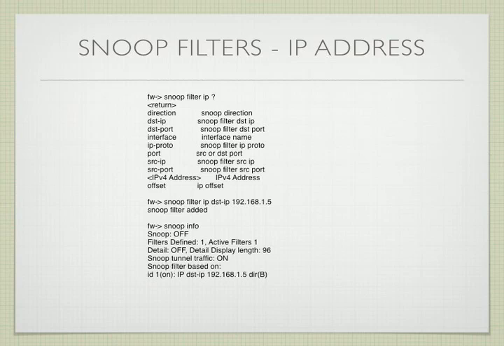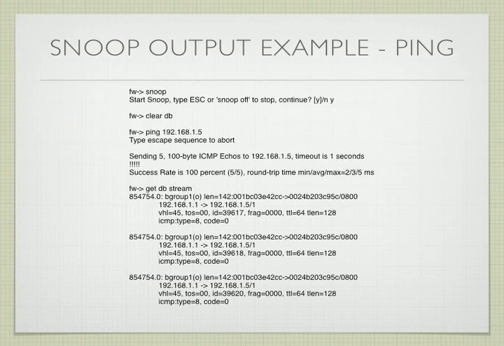So destination or source IP filters can be added in the Snoop. And then here's an example output of running some ping after configuring a Snoop filter for that IP address in the previous slide. We can see that those packets are there on the bgroup1 interface that we did this capture on.